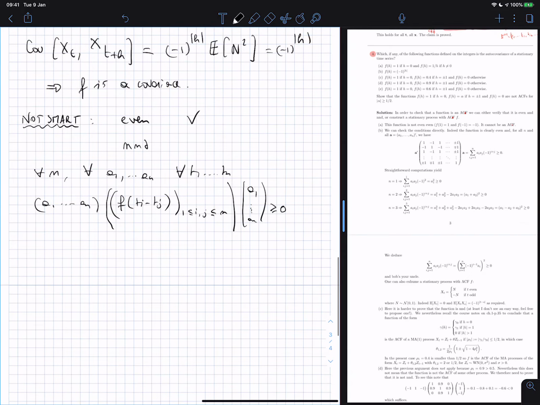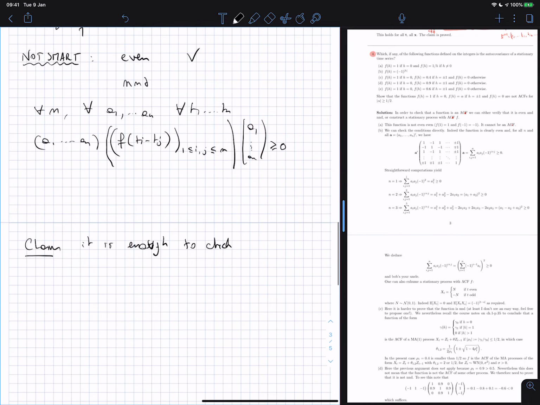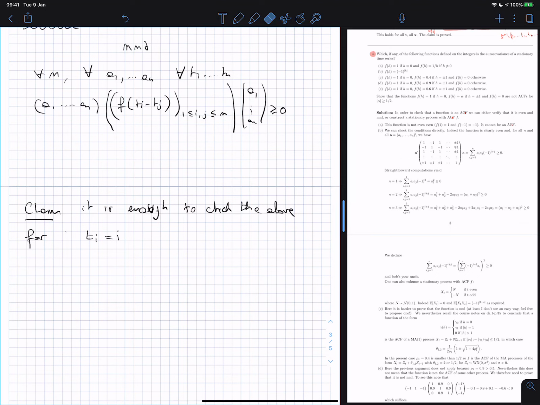I claim that it is enough to check that this is true for t_i's of the form something plus i.